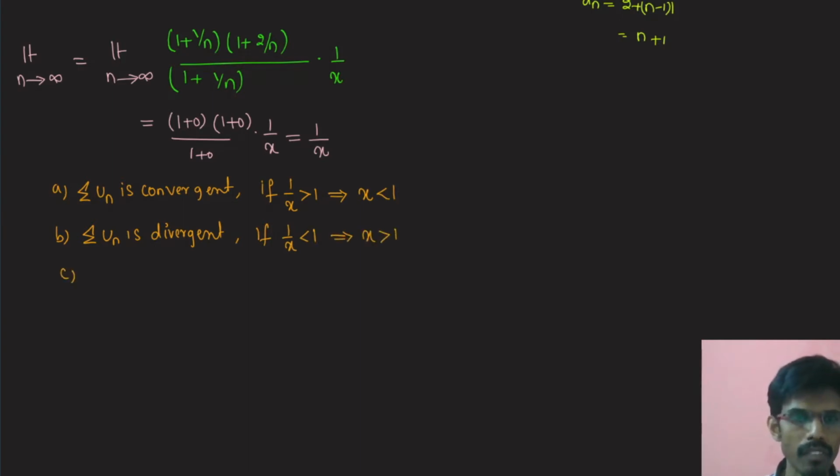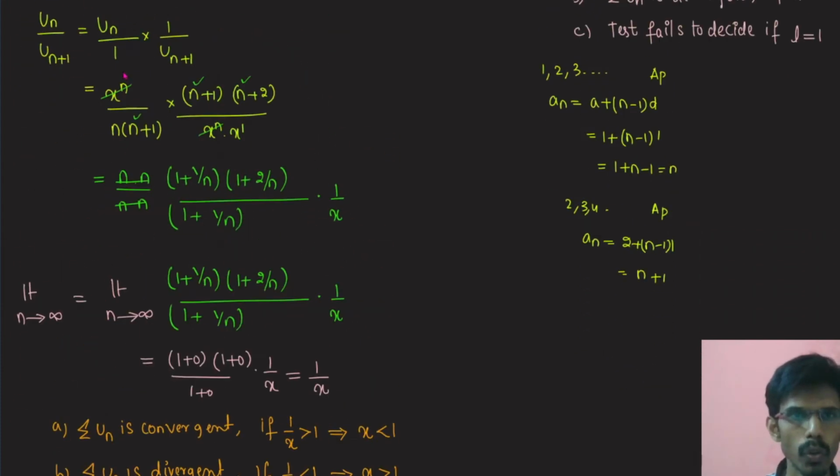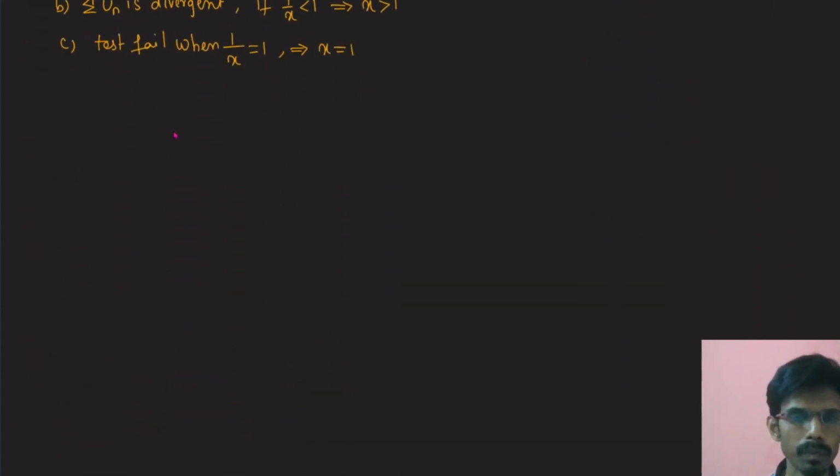Now see, we have test failure. Test fails when this ratio or limit is equal to 1. So that implies x is 1. Now for x equal to 1, we see the value of un. un is equal to 1 by n into n plus 1.